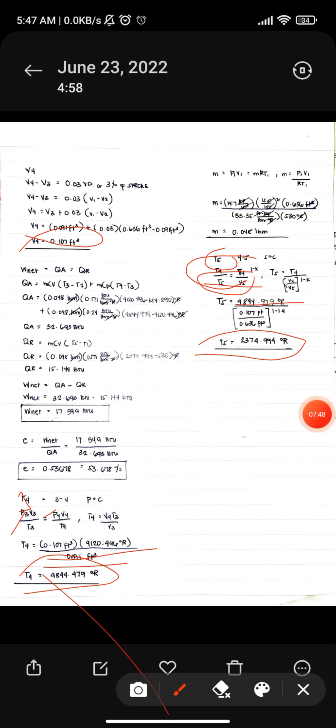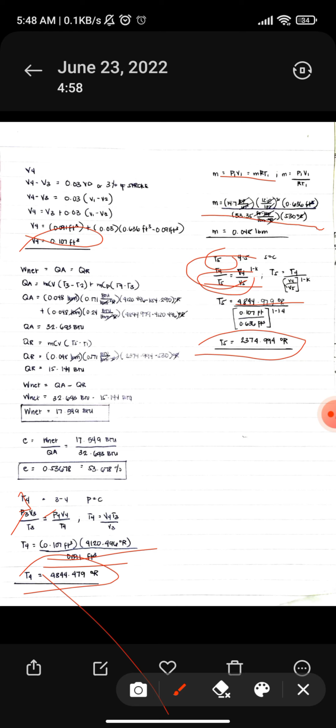So for the mass naman is we have P1 V1 equals M R T1. So yung derive lang natin to. So M equals P1 V1 over R T1. So substitute natin.